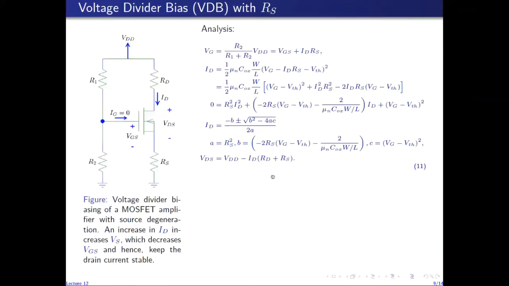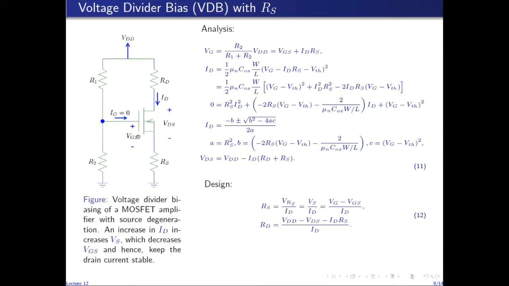On the other hand, if we are given the bias point ID, VDS, and the voltage VGS, then we can invert this relation to find the value of RD, which is given by this expression, in which RS is obtained by finding the voltage drop across RS and then dividing by ID. So the voltage drop across RS is the source voltage, which is given by the gate voltage minus VGS.